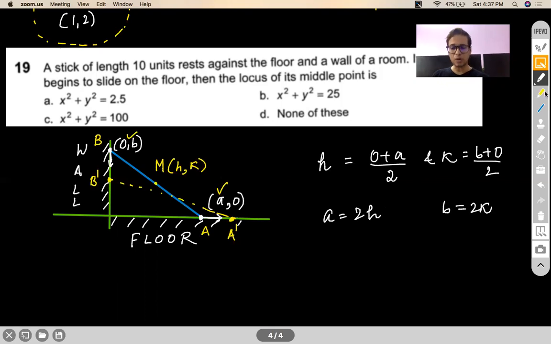Correct? Now, the third step of this problem solving, this is a very important thing, I would write it like a statement. This is the underlying principle of locus questions.